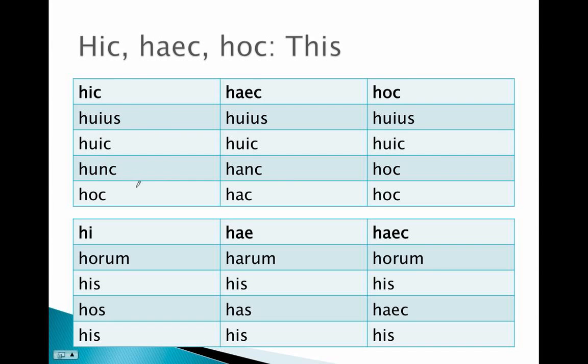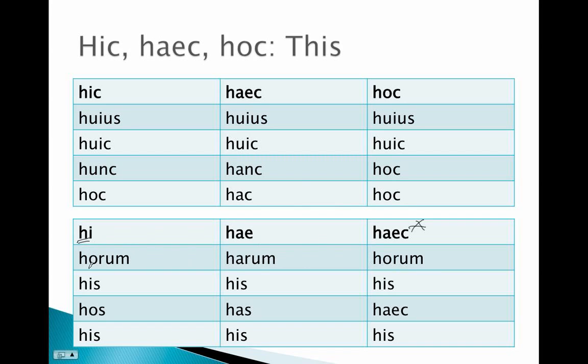The plural is even more regular. In fact, other than the neuter nominative plural and accusative plural, this is a first and second declension adjective. So you'll notice the stem is H, and we get hi, hae, haec. Okay, this one's not what you'd expect. But otherwise, horum, harum, horum, right?